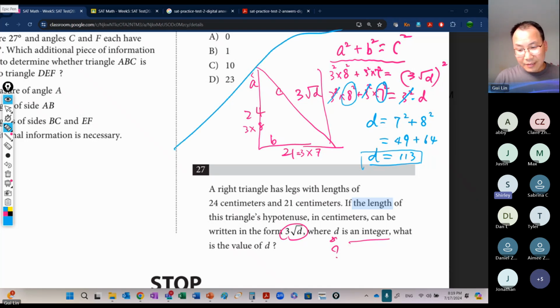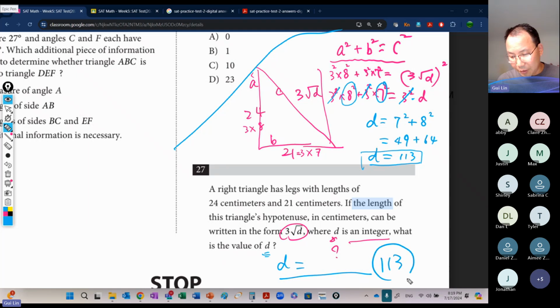There are no options here. You need to answer d equals something. So you need to write it down like this, and make a circle. Okay, thanks. Yeah, I took this space because the bottom had no space available.